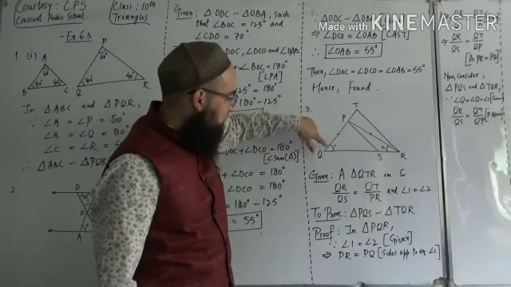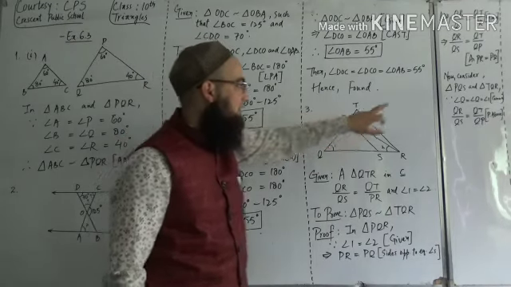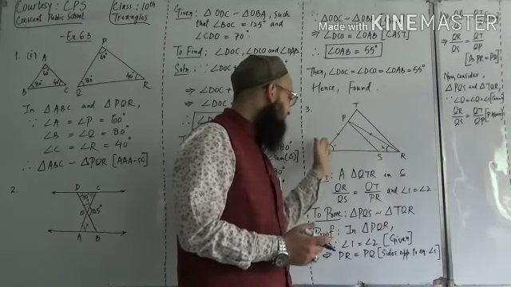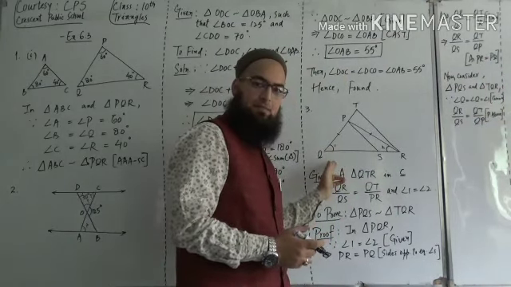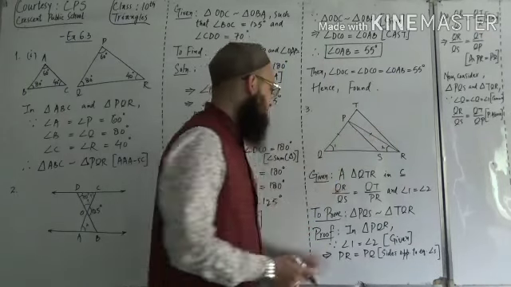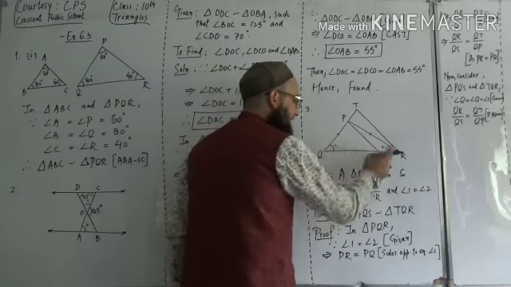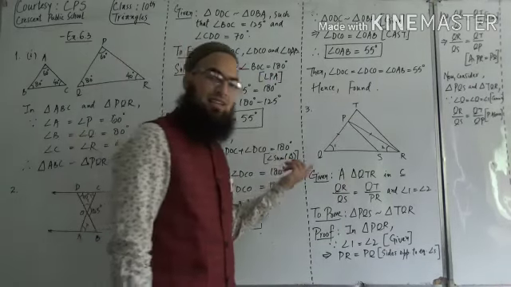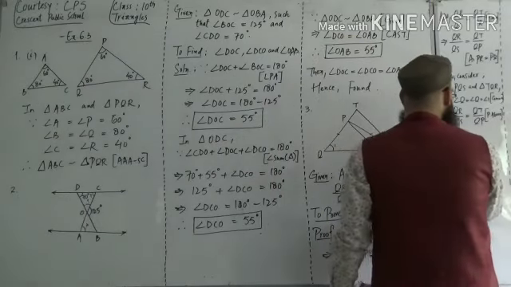That one angle of one triangle is equal to another angle of another triangle, and the sides included this angle are in proportion. You see, angle 1 is equal to angle 1 and included sides are in proportion. So by side angle side, the triangles are similar, not congruent.